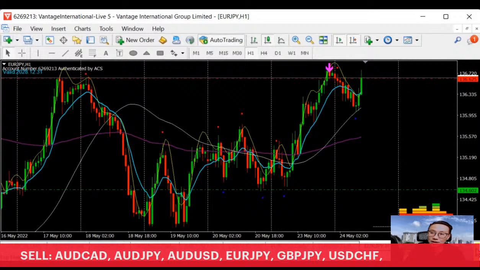How about pound yen? Let's take a look at pound yen. Pound yen is still struggling in this area.